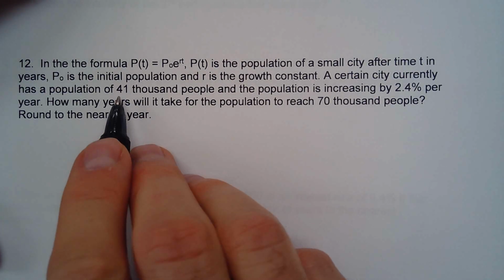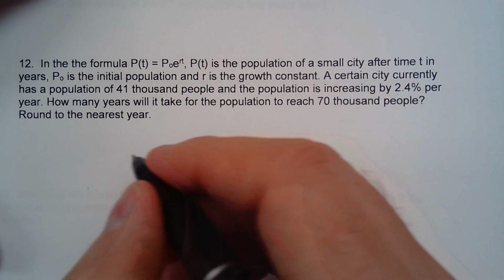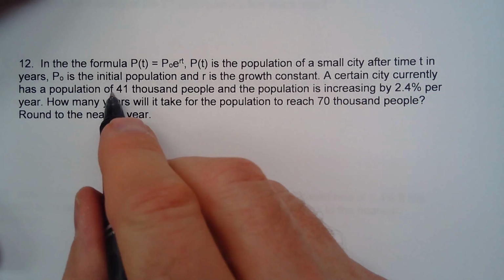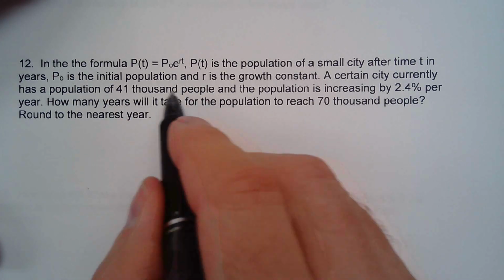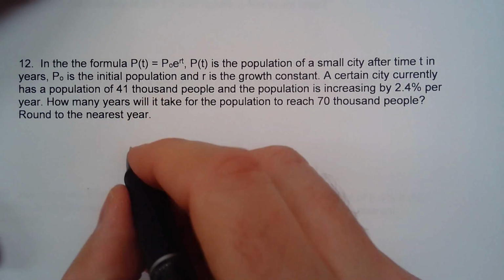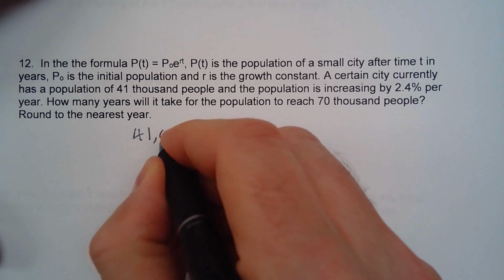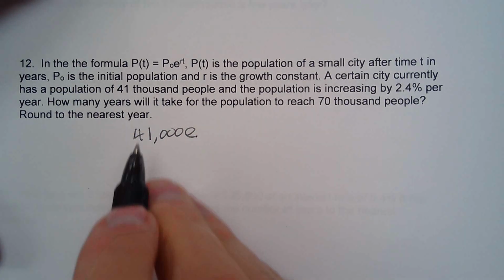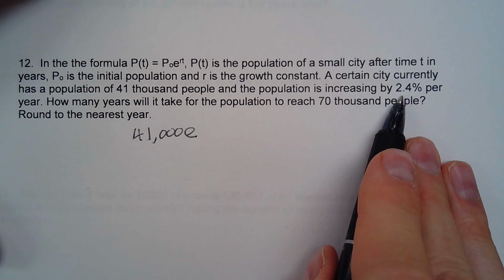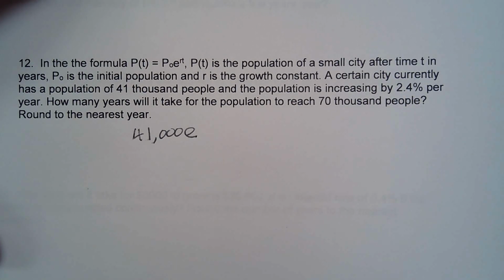So let's figure out what we have. This 41,000 people, that is our P sub 0. We have the growth rate, 2.4%, which we need to write as a decimal.